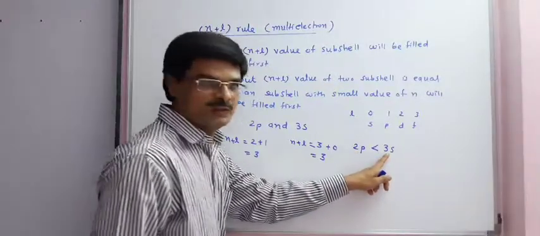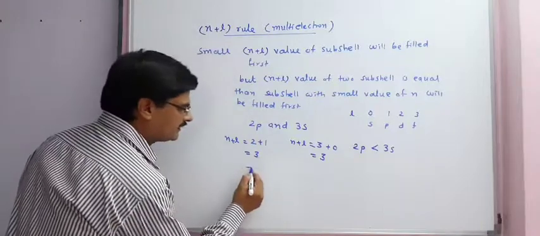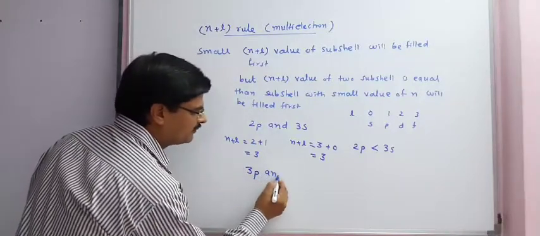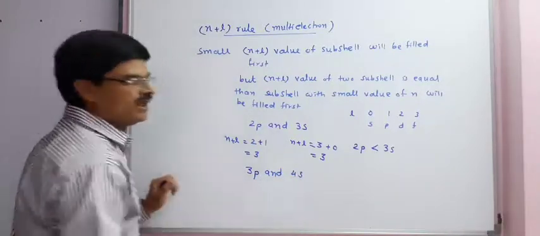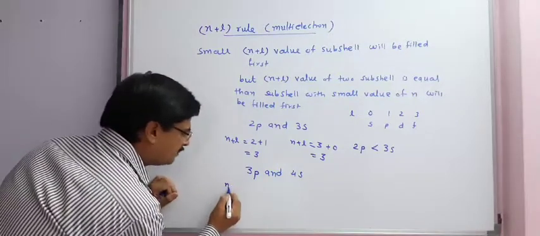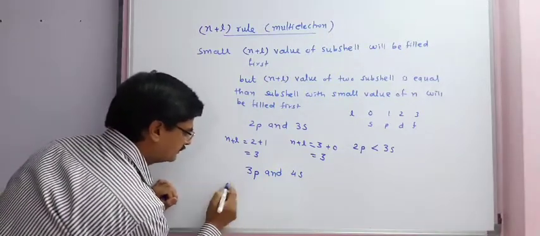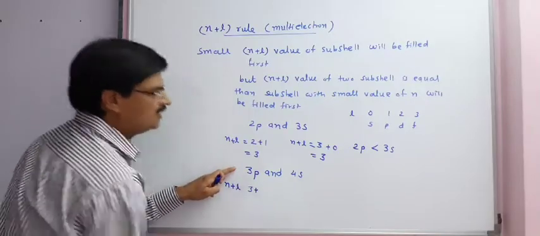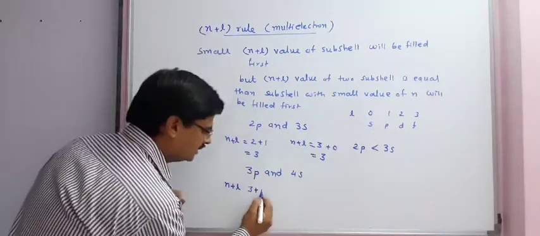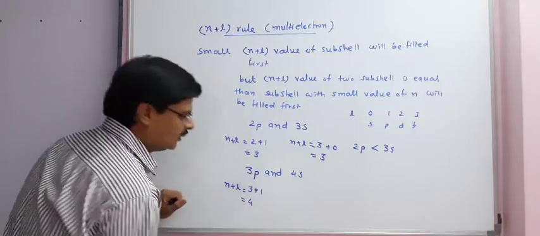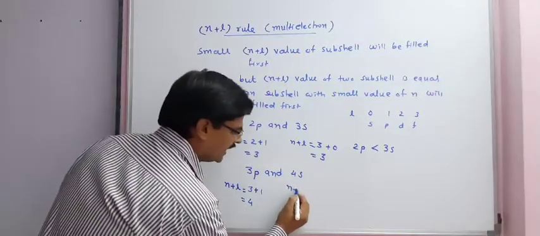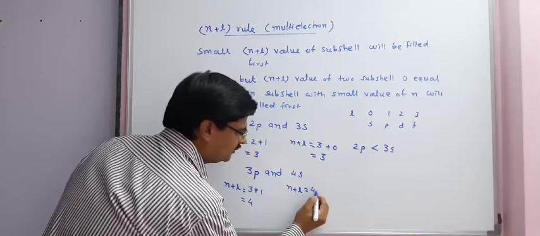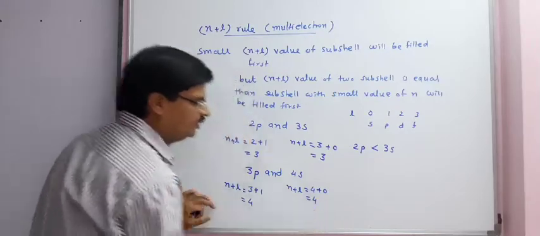It means the first electrons will be filled in the 2p orbital, and after filling of the 2p orbital, electrons will go in the 3s orbital. Same way we can take the example of 3p and 4s orbital. n plus l, 3 plus l for p is equal to 1, so we will get 4. And here for 4s, n plus l is equal to 4 plus 0 is equal to 4.